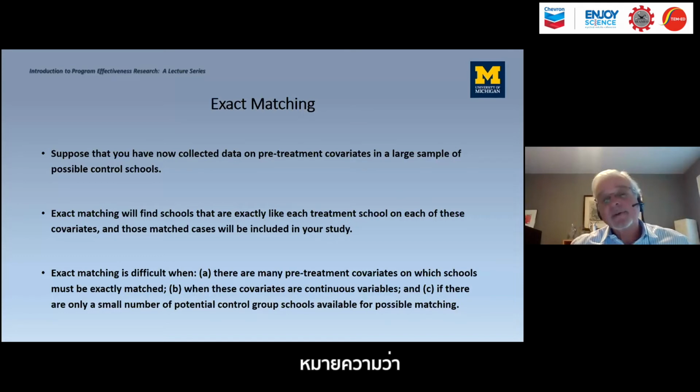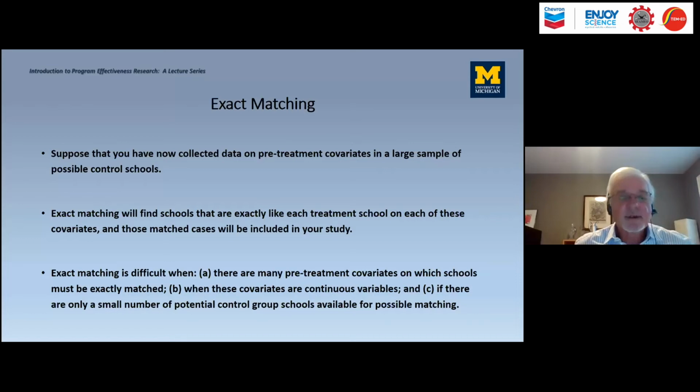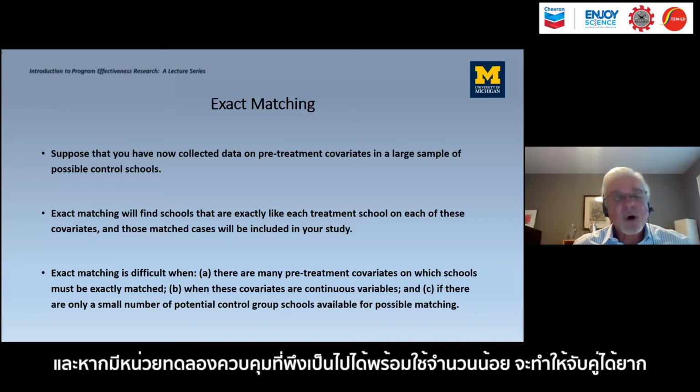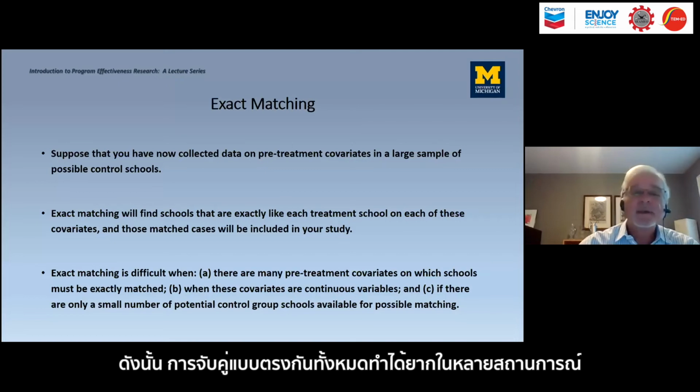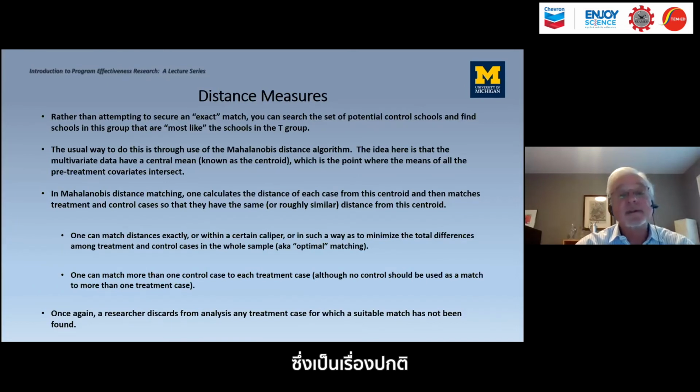I mean, two schools to be exactly matched on some variable that varies from 0 to 100 have to have 50, two 50s. I have to find those. And if there are only a small number of potential control units available, that makes it hard to match. So exact matching is actually difficult under a lot of circumstances that you would normally face.